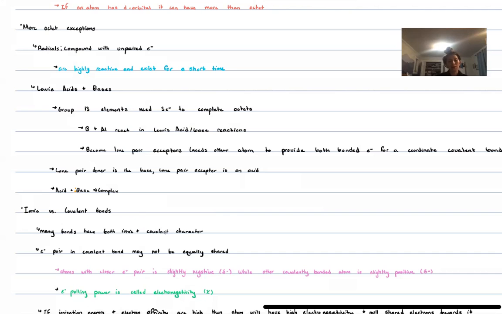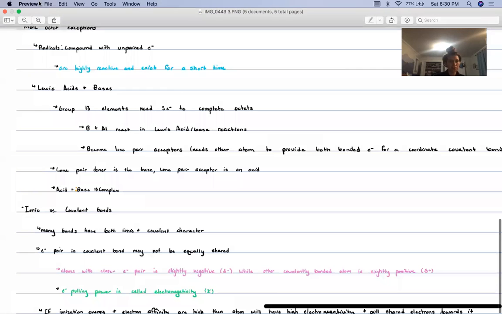So atoms with a closer electron pair tend to be slightly negative, like H2O is what we see, while others tend to be slightly positive. That's because there's a difference of electronegativity, which is how well it can attract that electron to it. Okay, next page.